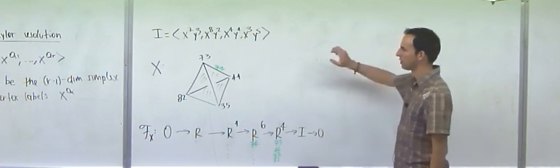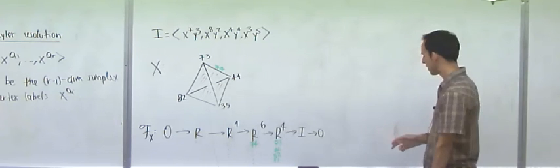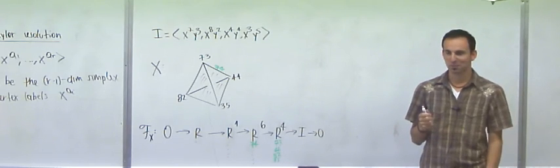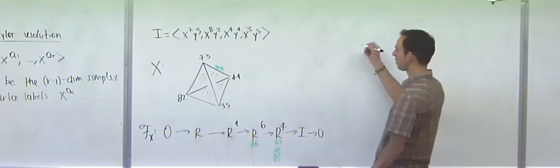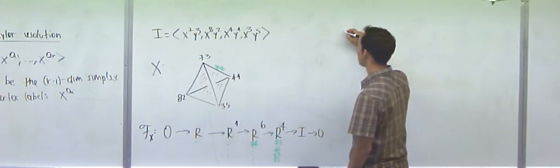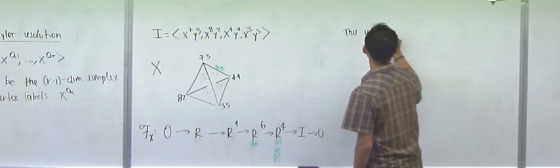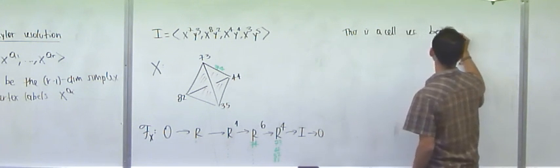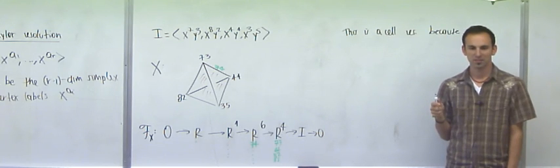I claim that this actually is a free resolution of I. This is really a cellular resolution. So do you remember what I need to check to make sure that that claim is true? Yes? What do I need to do?